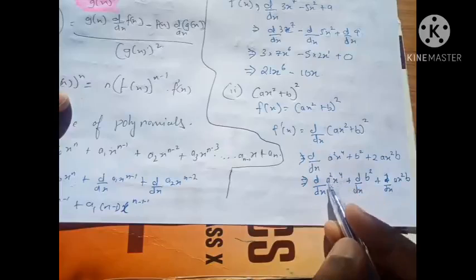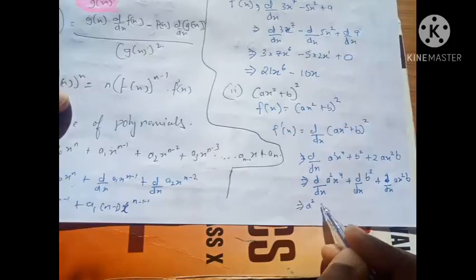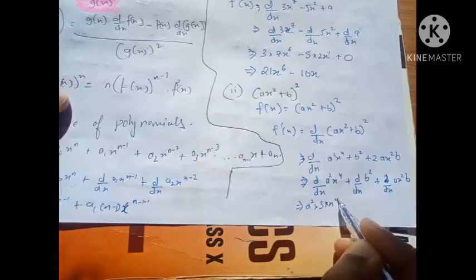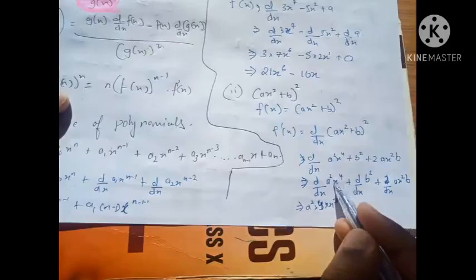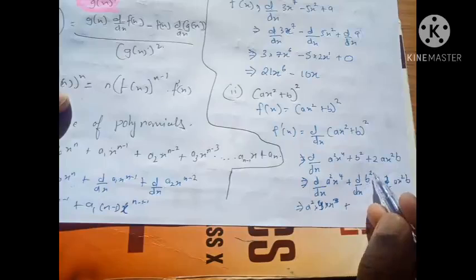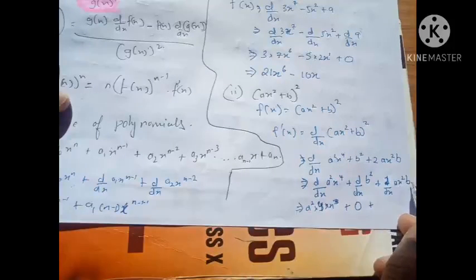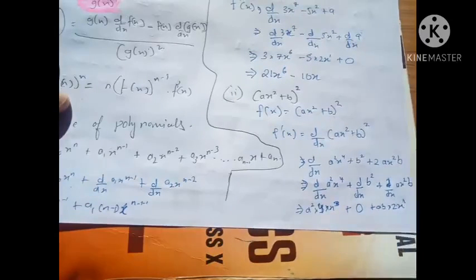Now the derivative of this: a square is a constant term, it's going to come in front, and the derivative of x to the power 4 will be, sorry, 4 will come down and the power 1 less, which is 3. Plus the derivative of any constant number is going to be 0, plus 2ab is going to come in front, and when there is x, it's going to be 1, x to the power 1 reduced.